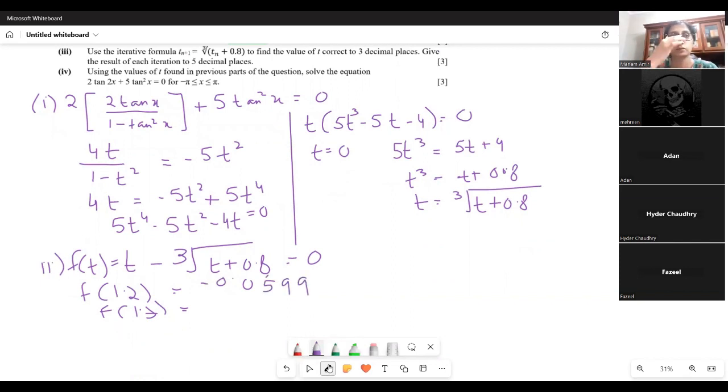Then I'm going to replace 1.2 with 1.3, and hopefully we should get a positive value this time. Yes, we do: 0.01942.